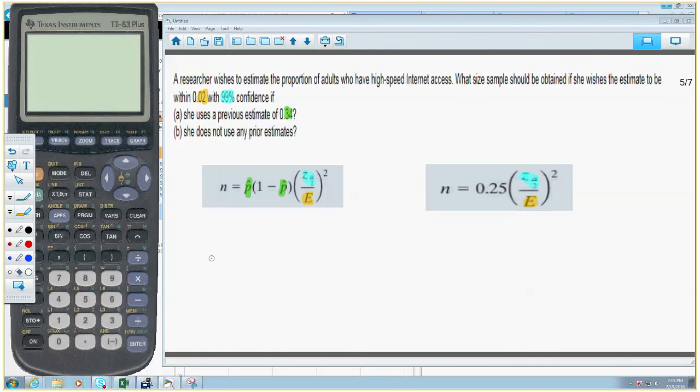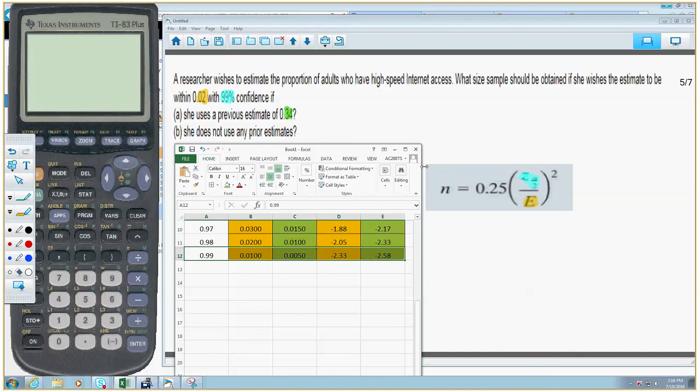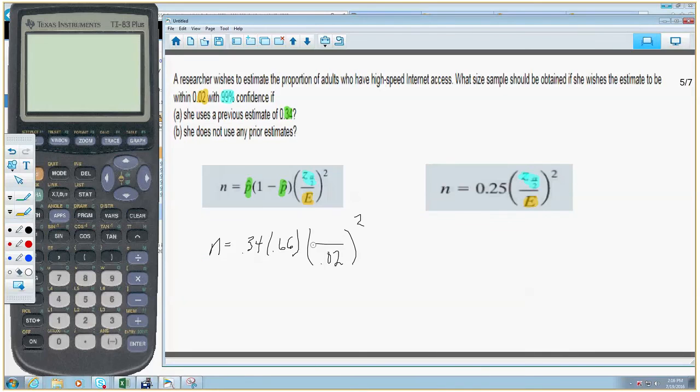Always. So N is equal to 0.34 times 0.66 times, well, I'm going to wait a second, and I'm going to put 0.02 on the bottom. You're going to take your handy-dandy spreadsheet and look at it, and I'll pull mine up: negative 2.58. 99%, is that what you're talking about? 0.99, yep, negative 2.58.